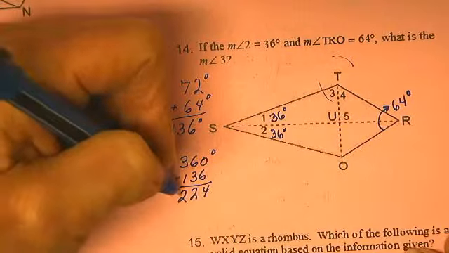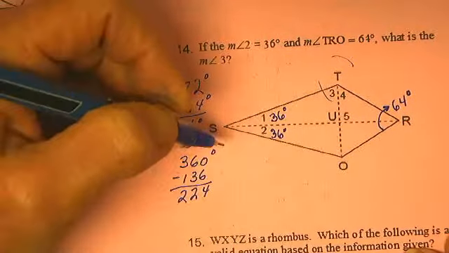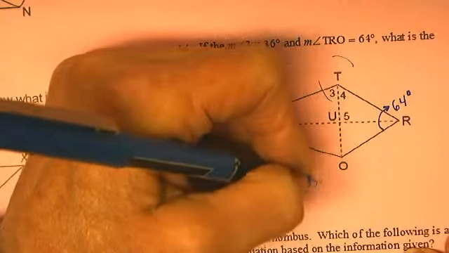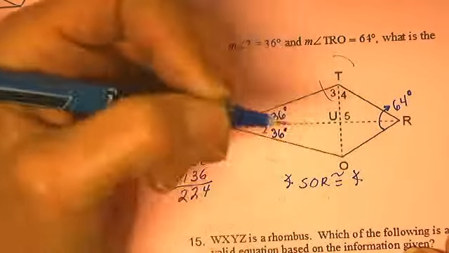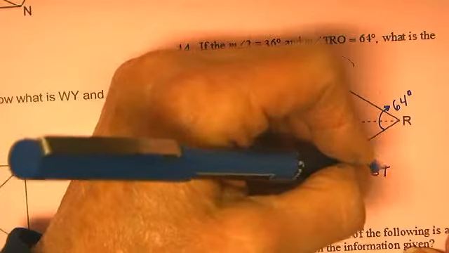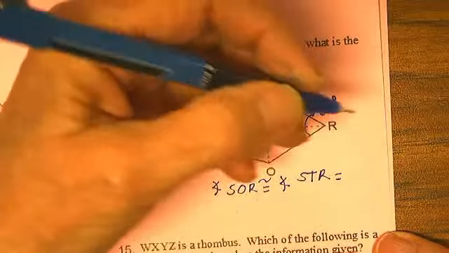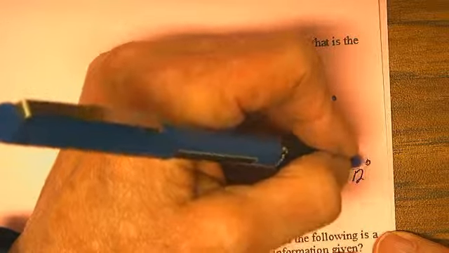So I divide this by 2, and that gives me angle SOR is congruent to angle STR, and that equals 112 degrees.